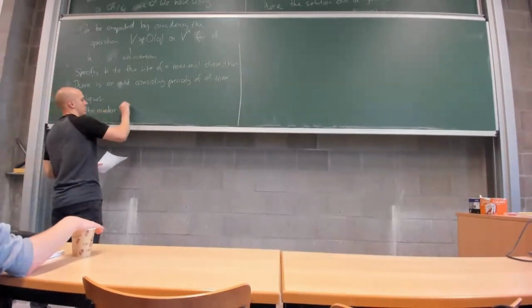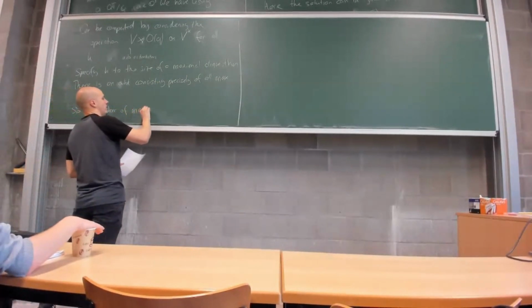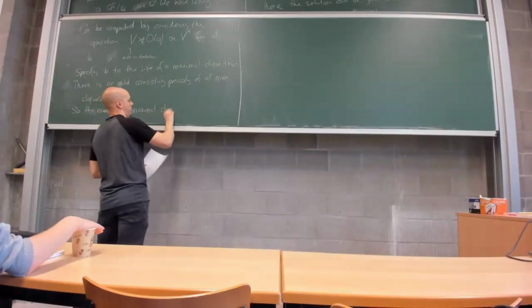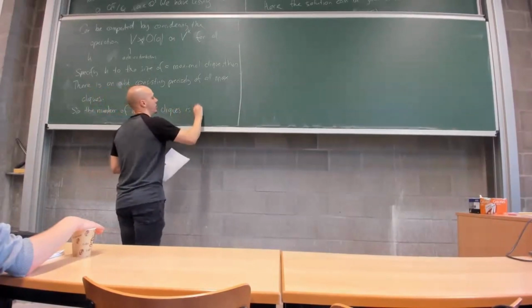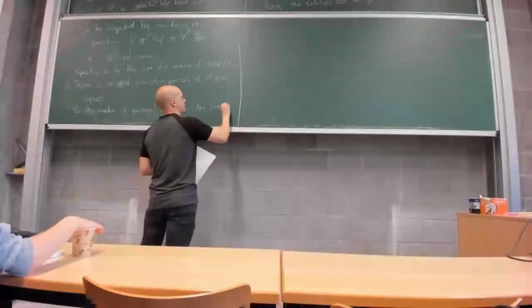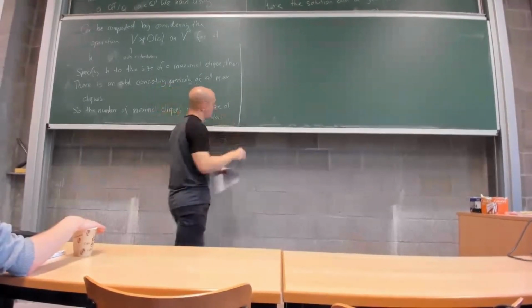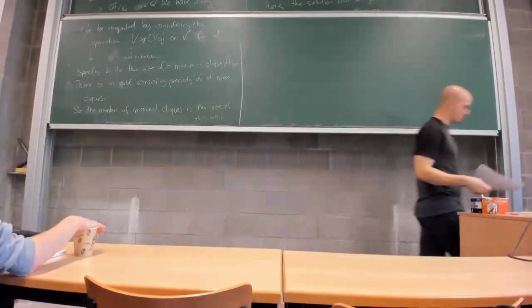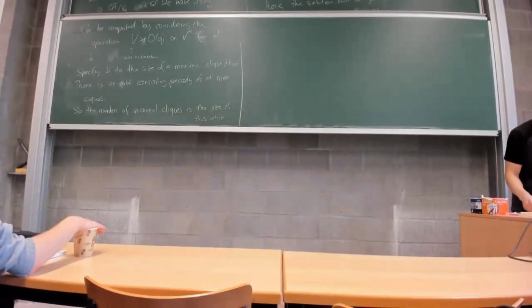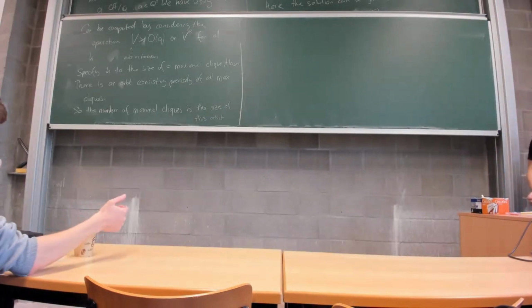So the number of maximal cliques is the size of this orbit, and this can be computed using the stabilizer theorem.